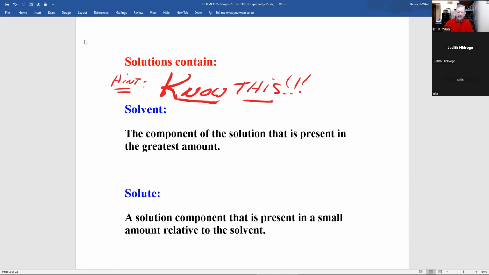And the other components are called the solutes. A solute is a solution component that is present in a small amount relative to the solvent. So in a solution, you can only have one solvent, but you can have many solutes.